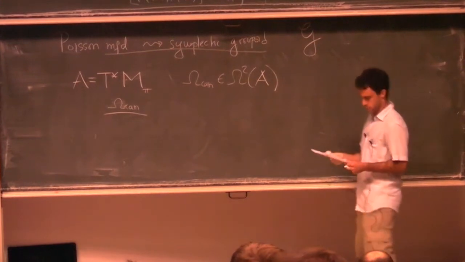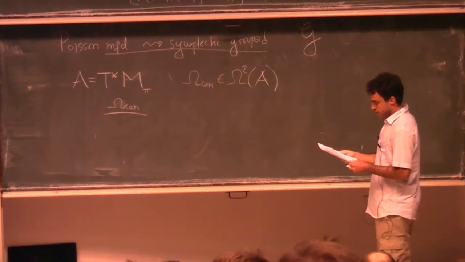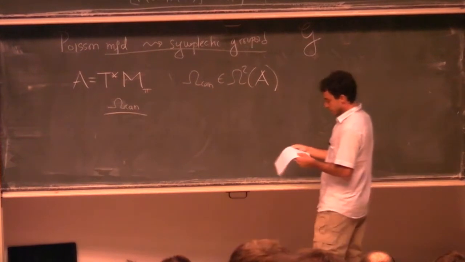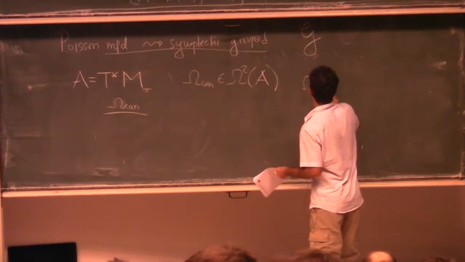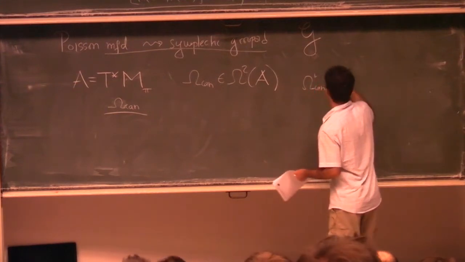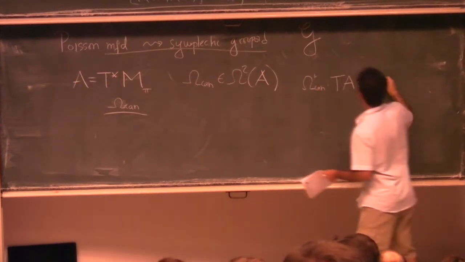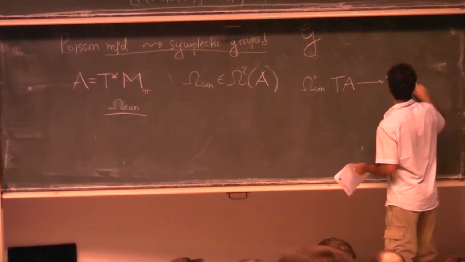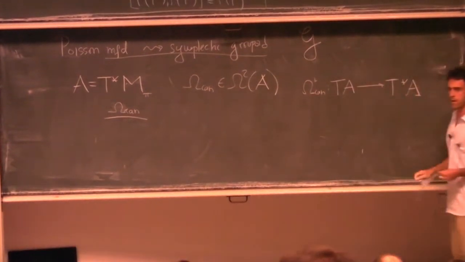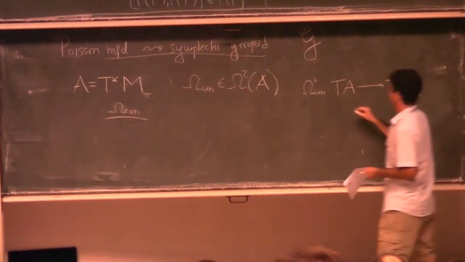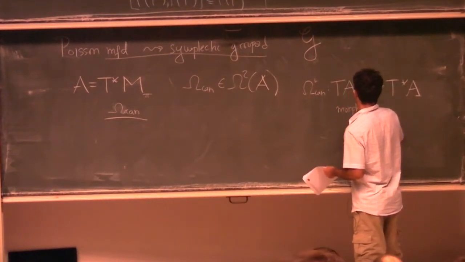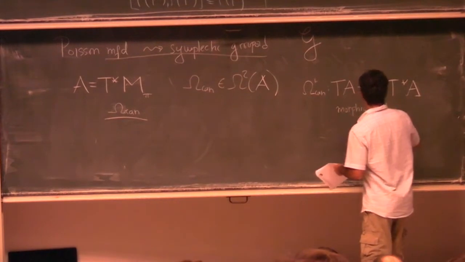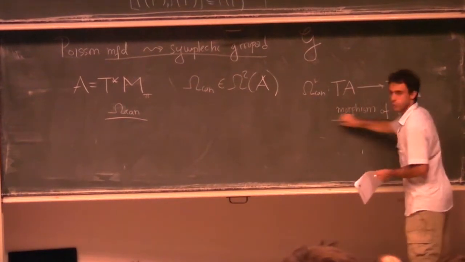It's just there, right? And then the next thing you'll notice is just that if you look at this map associated with the form going from TA to T star A, you just immediately check that this is a morphism of Lie algebroids automatically, right?